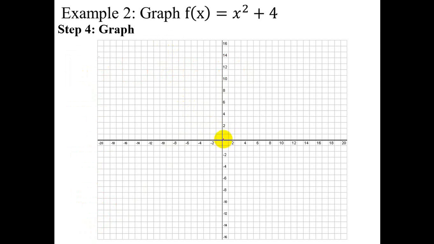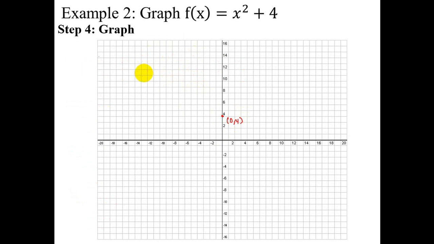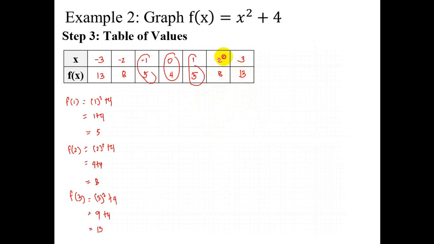So from 0 to the y-axis, 4. This is 0, 4. Next, we have 1 and 5, and -1 and 5. Next, we have 2 and 8.